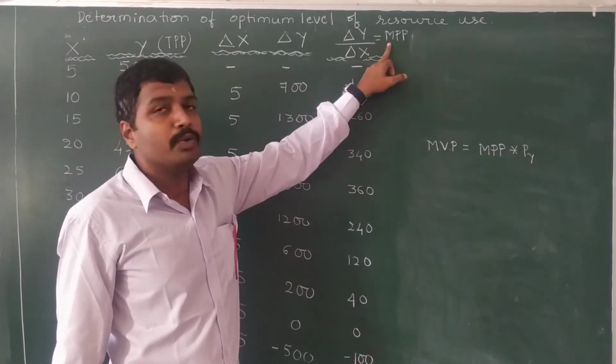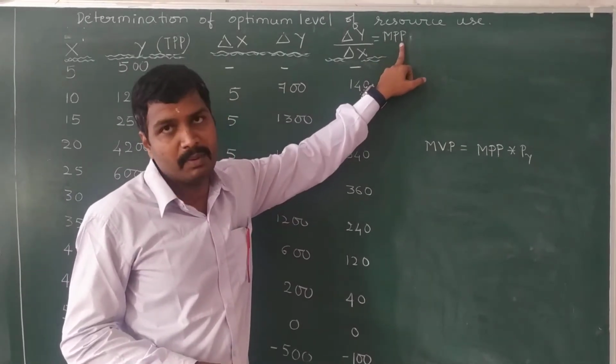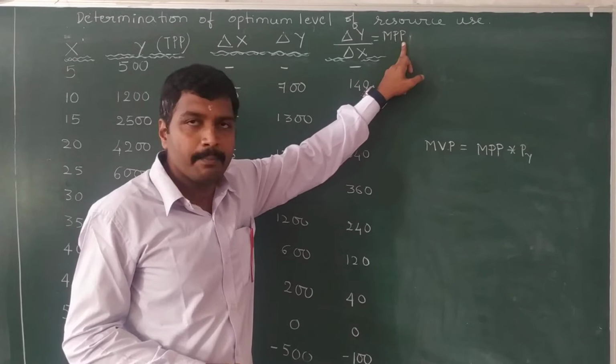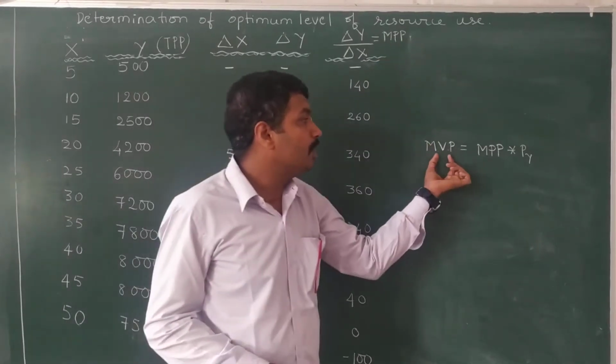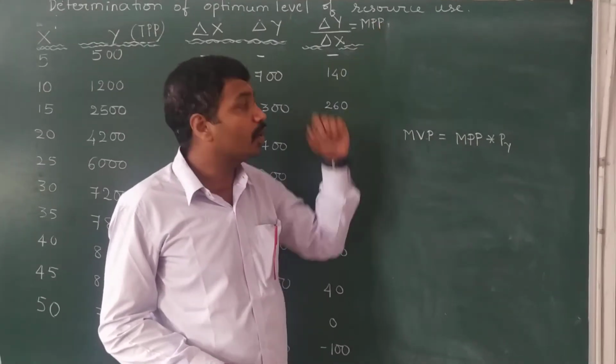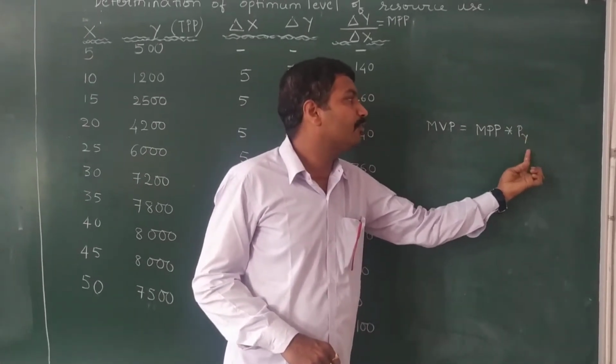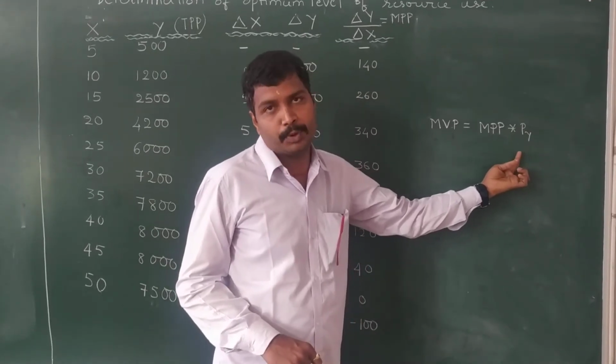So you need to follow that methodology in order to determine MPP. Once you determine MPP, now you need to determine MVP with the help of that MPP. The additional information you need is the price of output.